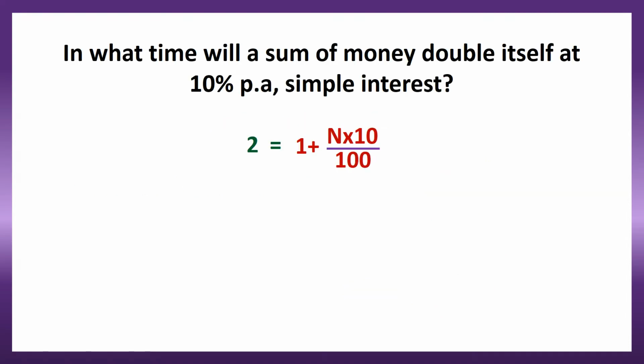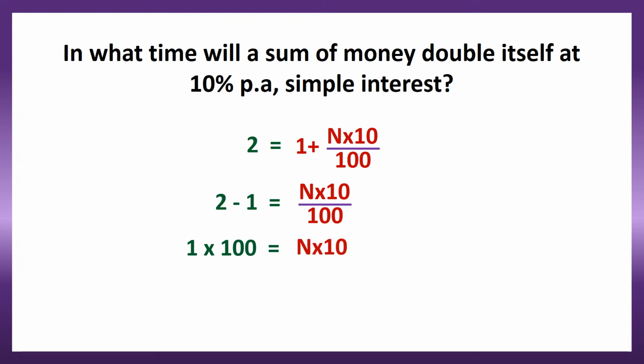Then our next step is bringing 1 to the left hand side. Then it becomes 2 minus 1 is equal to N into 10 by 100. That is, 1 is equal to N into 10 by 100. Now 100 can be taken to the left hand side. That becomes 1 into 100 is equal to N into 10.